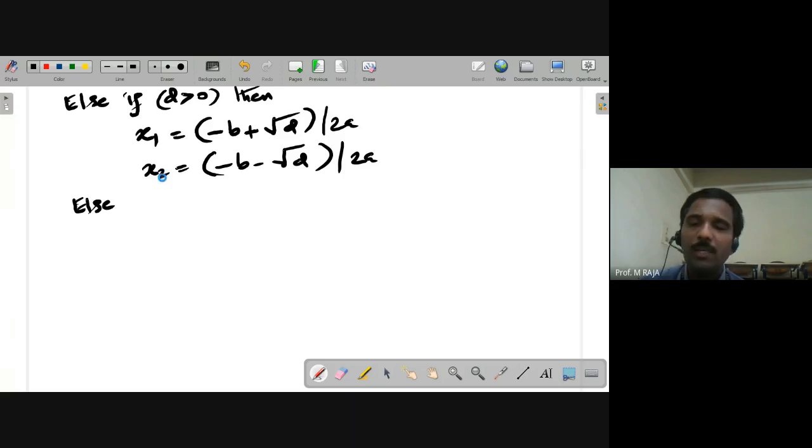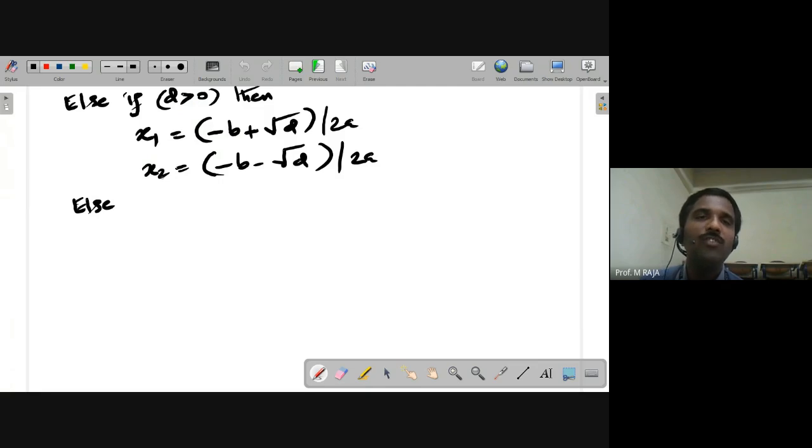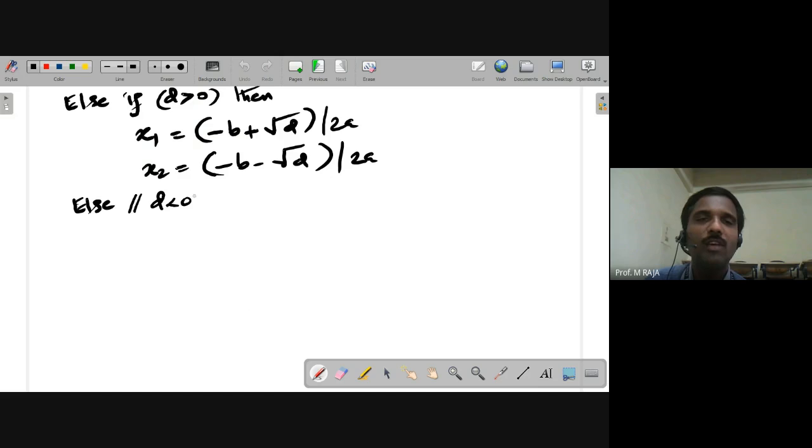Else, that means ultimately here, when d is equal to 0 fails and d greater than 0 fails, logically, for example, here d is less than 0, not equal to 0. D equal to 0 fails, d greater than 0 fails, ultimately d is less than 0.